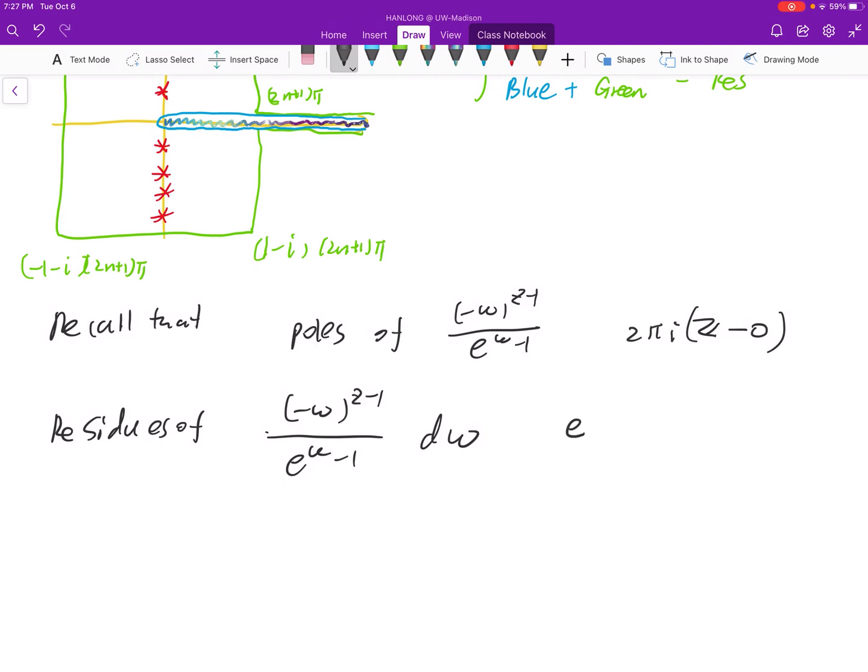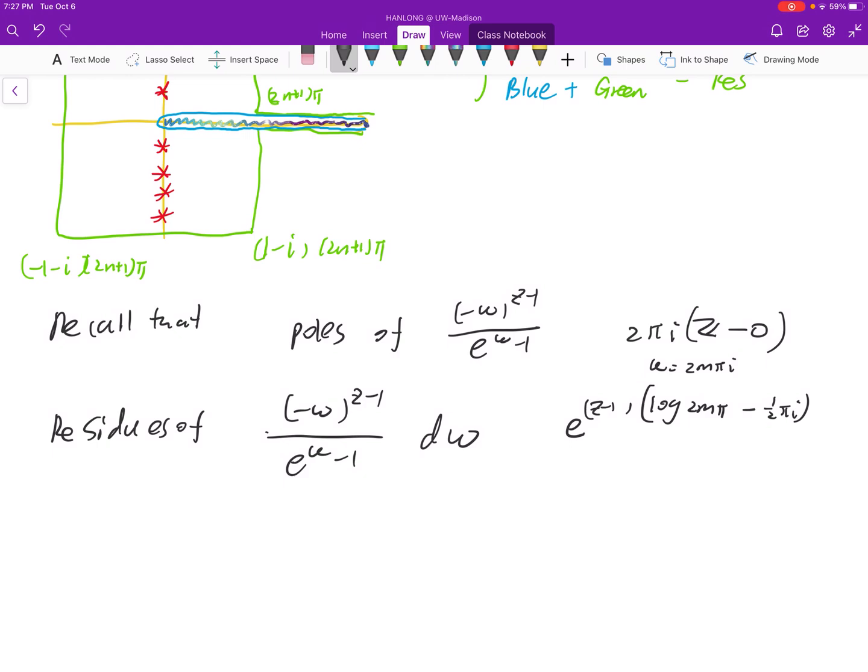This is exp((z−1) log(2mπ ...)), because ω is now at the pole, so it's 2mπi, so log 2mπ and minus 1/2 πi.